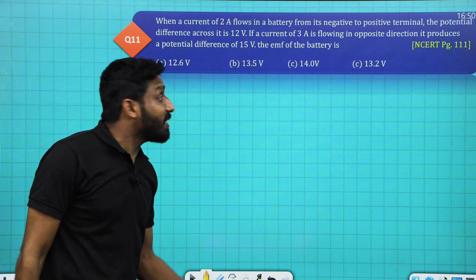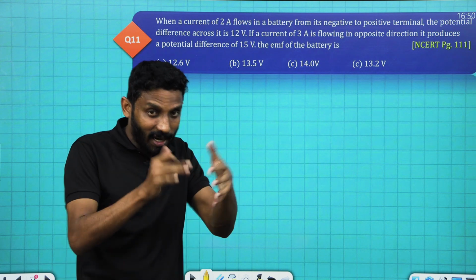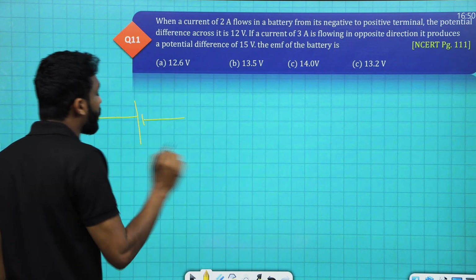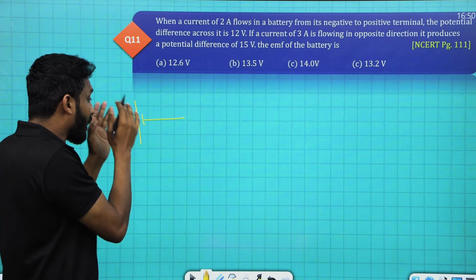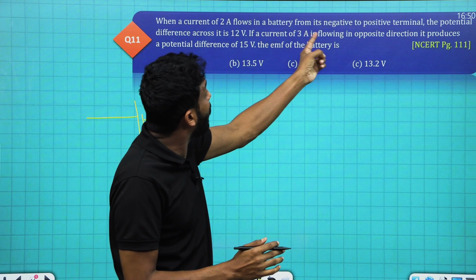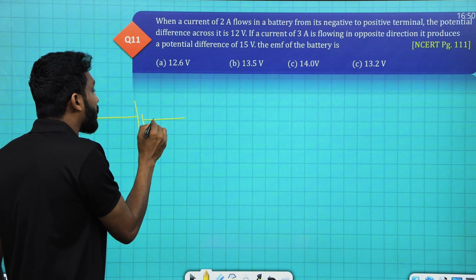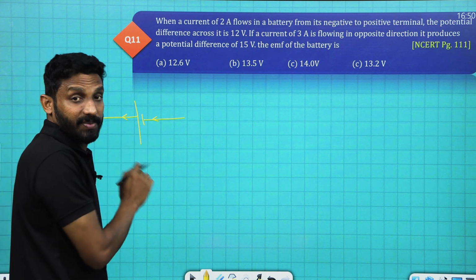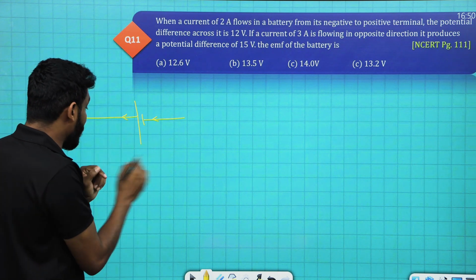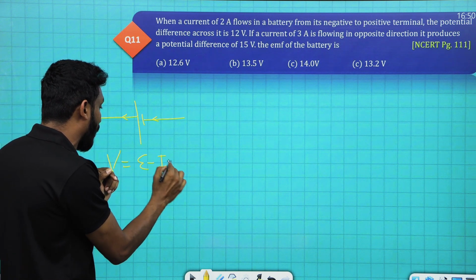Here the current is flowing in a battery, meaning inside the battery. So there are two situations for a battery. In the first case, the current flows from its negative to positive. In this situation, V equals E minus IR.